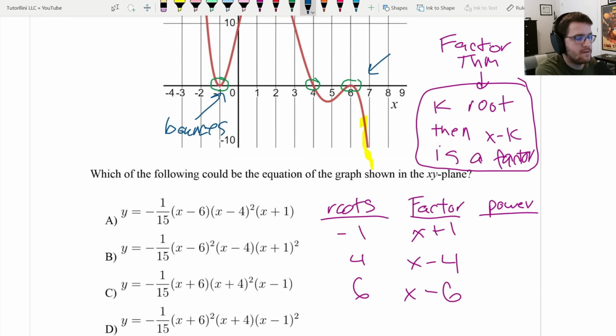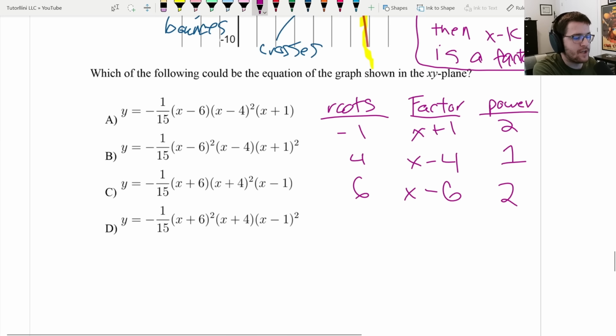This one bounces as well. And then this one, as you can see, goes through 4, so that one crosses. So if it bounces, it's probably going to have a power of 2, and if it crosses, it's probably going to have a power of 1.